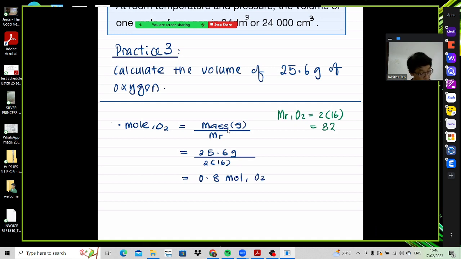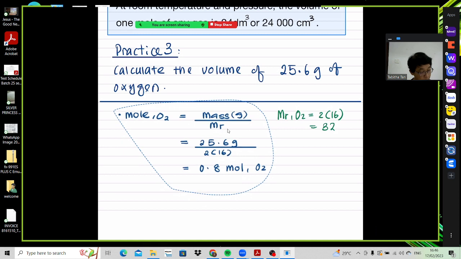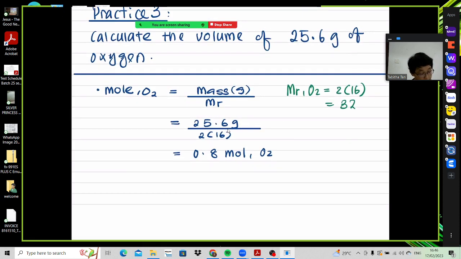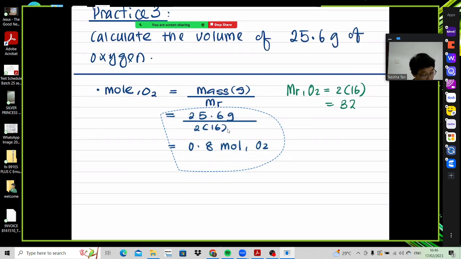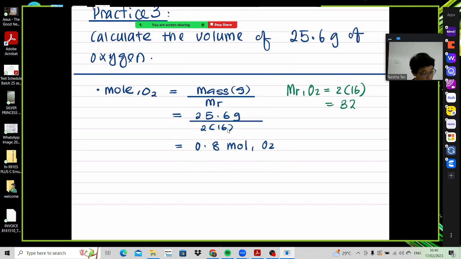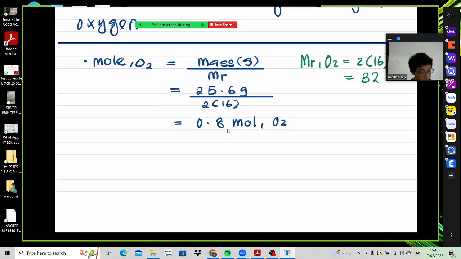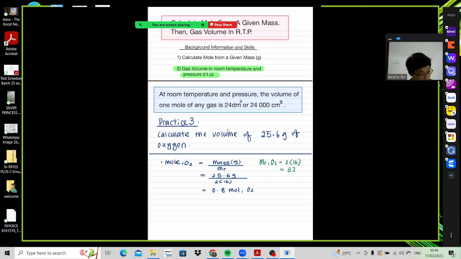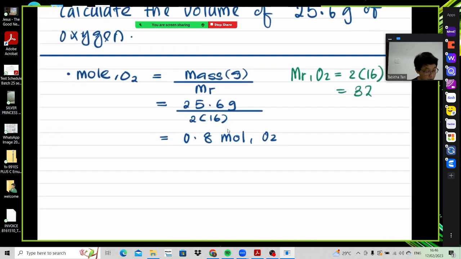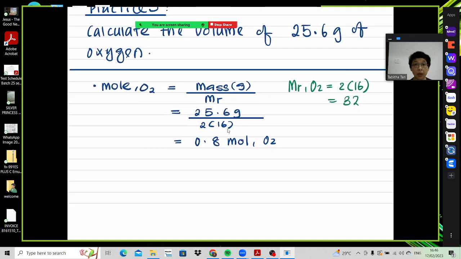Now we move on to answer the question. Calculate the volume. I'm running out of space, so let me keep it zoomed so that we can make it clear.